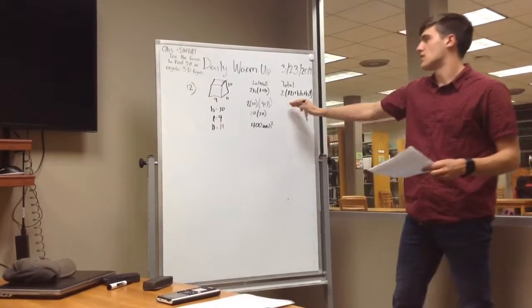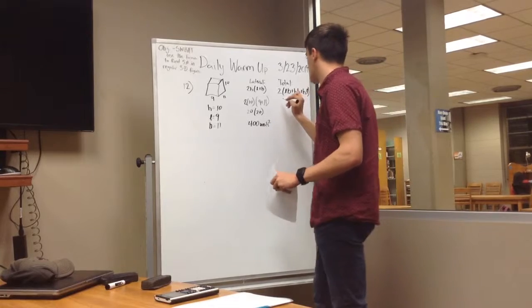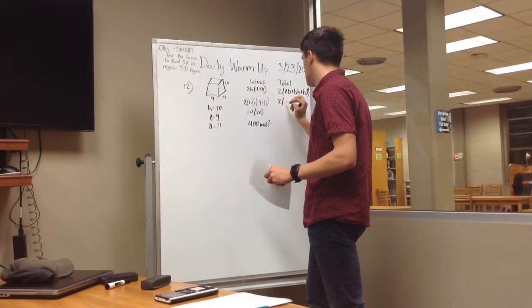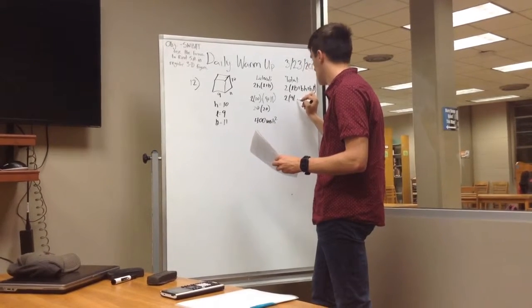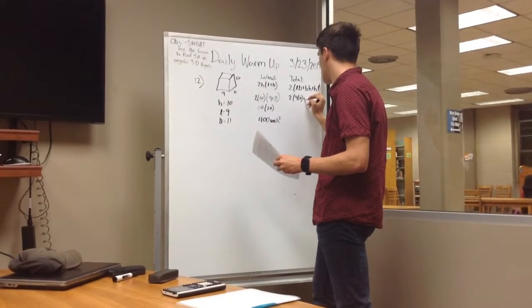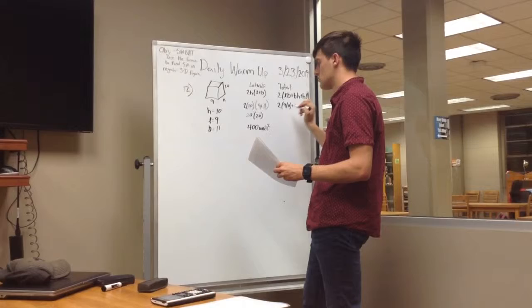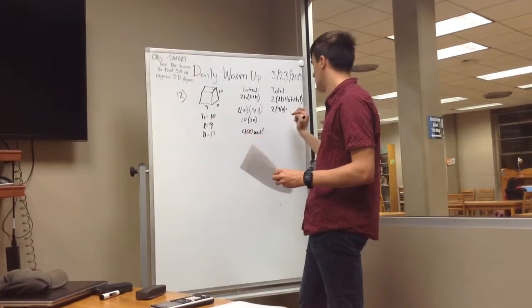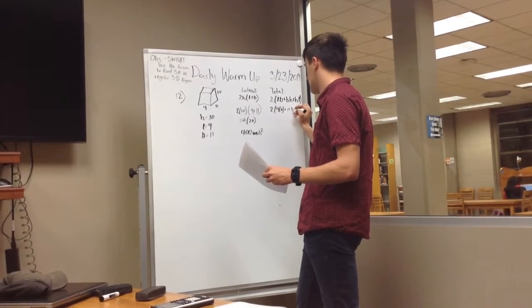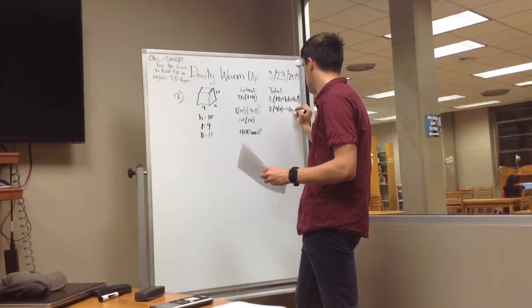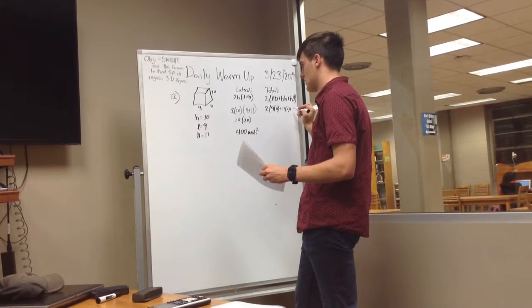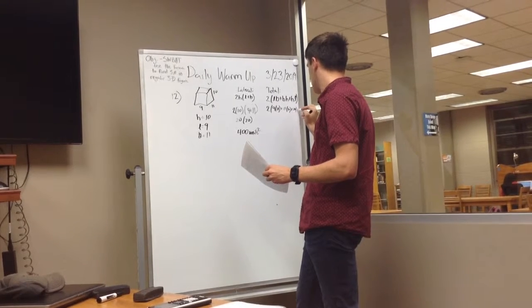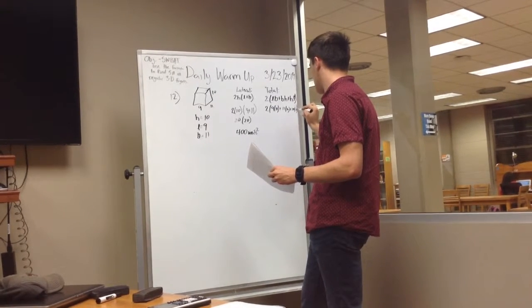Now, can somebody tell me the total? So we've got 2 times (9 times 11 plus 11 times 10 plus 10 times 11). Perfect. Great job, class.